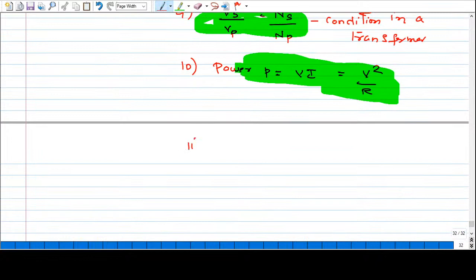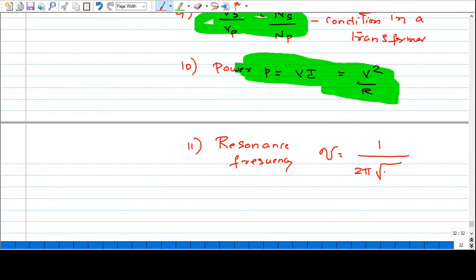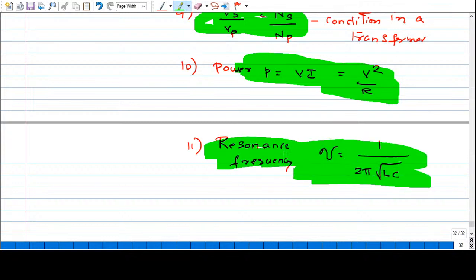And this is also an important one. Resonance frequency. Nu is equal to 1 by 2 pi root of LC. Please note down this formula.